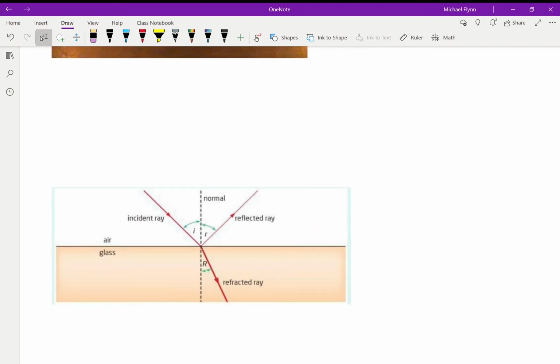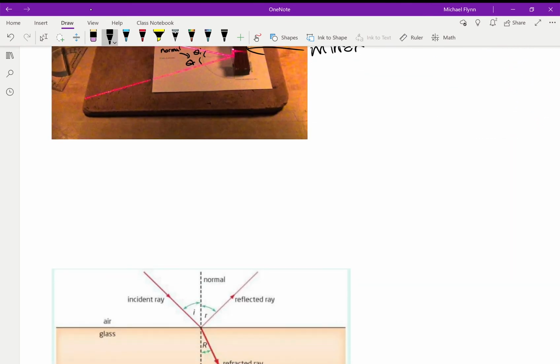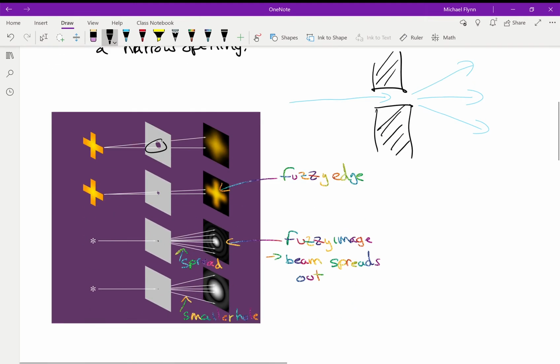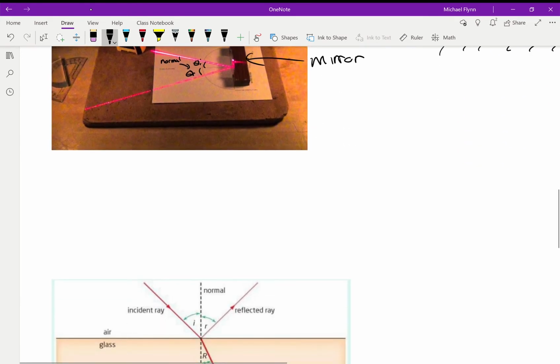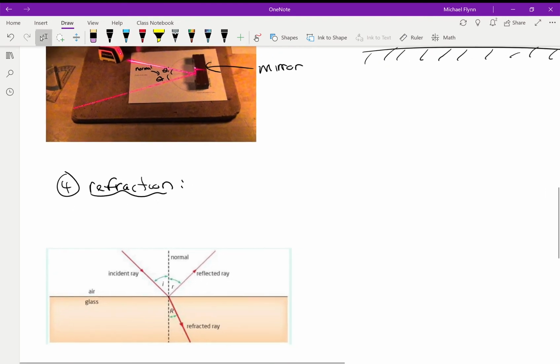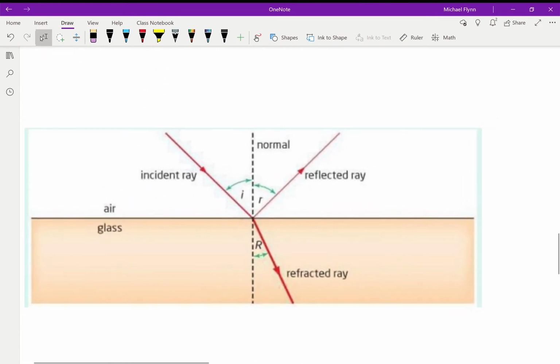All right, so next, refraction. I guess this was number 3. Okay, number 4 is refraction. Refraction is what happens when light bends as it enters or exits something like glass or water. Here you see a picture of air and glass.